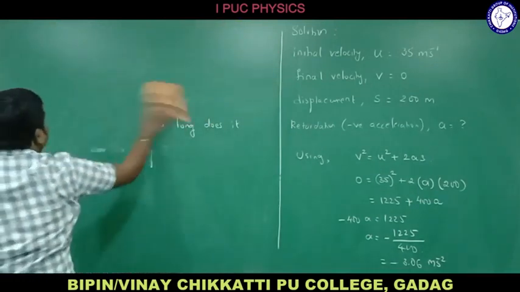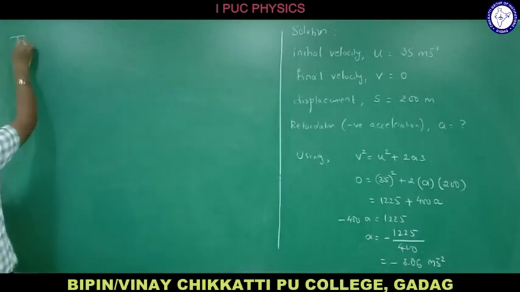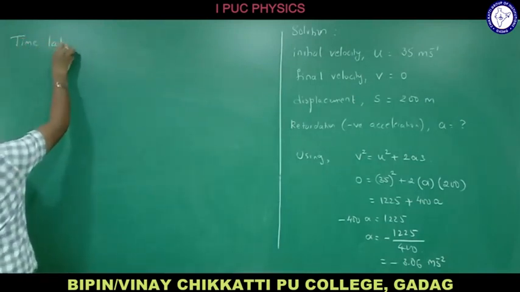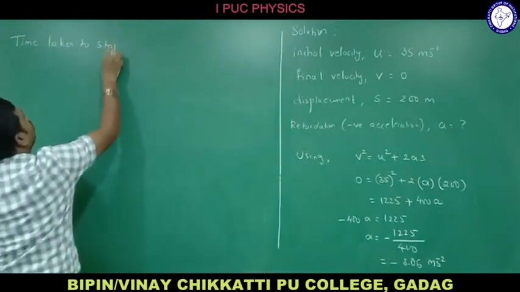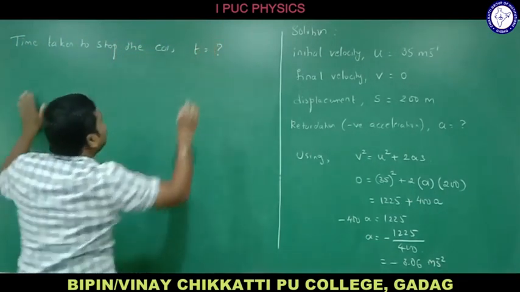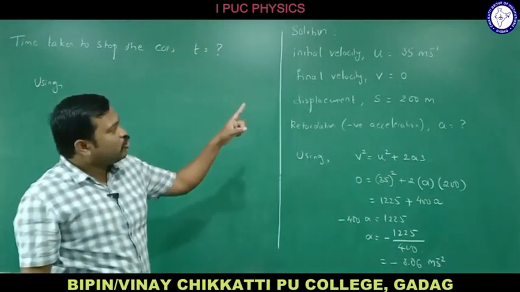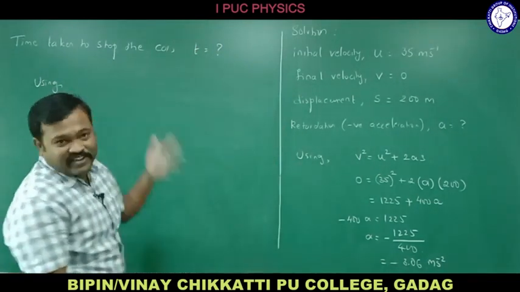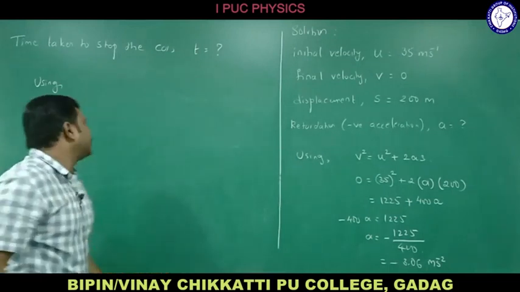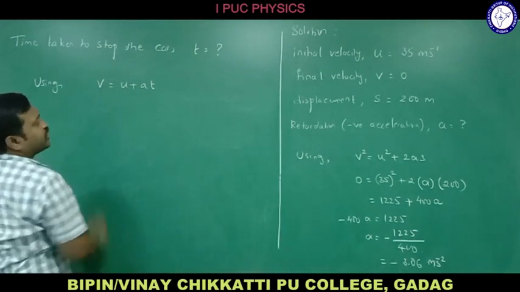To stop the car, what you need to calculate is t, right? Now which formula shall I use? Shall I use the first one, v is equal to u plus at? Yes, we have all the things. Using v is equal to u plus at. What is final velocity?